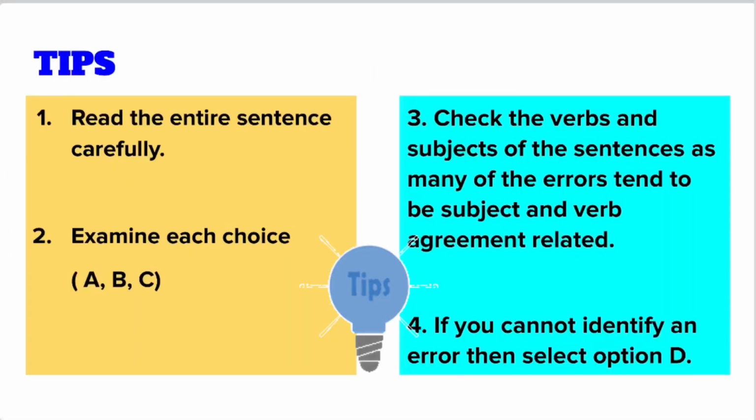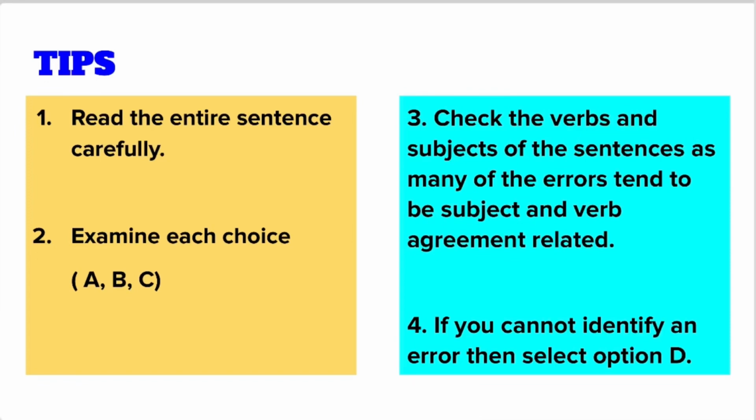Here are some quick tips to help you master this section. Firstly, read the entire sentence carefully. Secondly, you should examine each choice. You will be given choice A, B, C, and D. D, however, means that there is no error in the sentence.